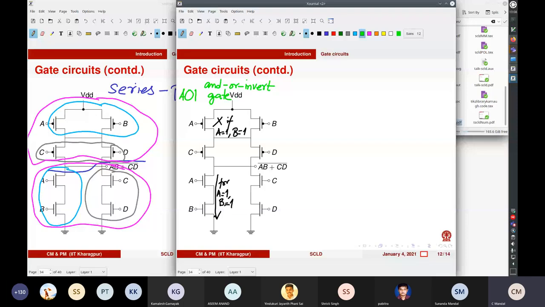All right. So I hope anyone has a question regarding the operation of the AND or invert gate. Are you all okay with it?